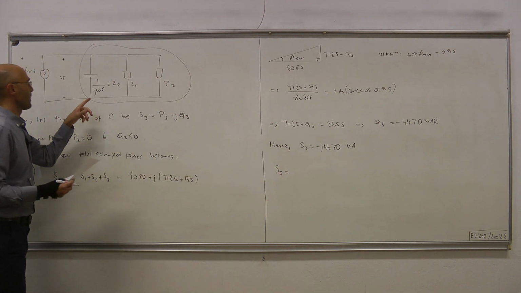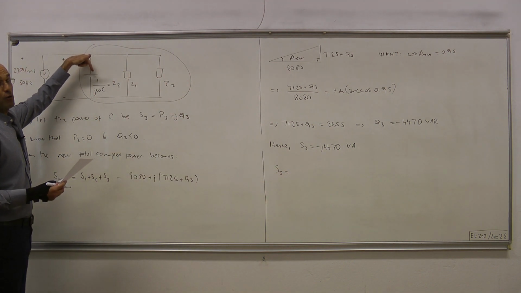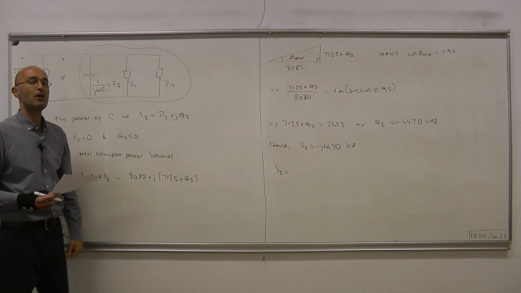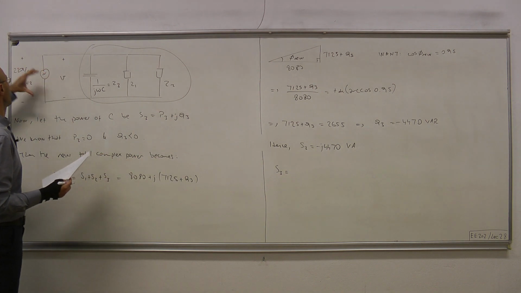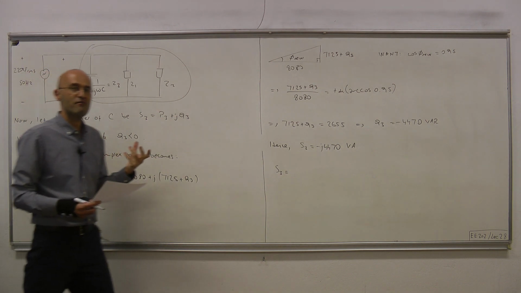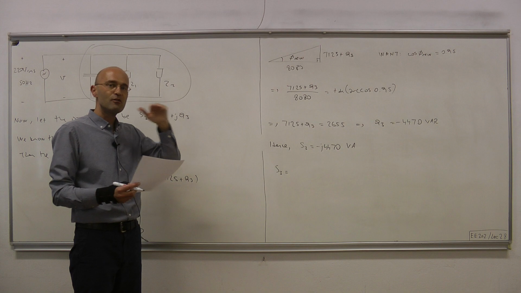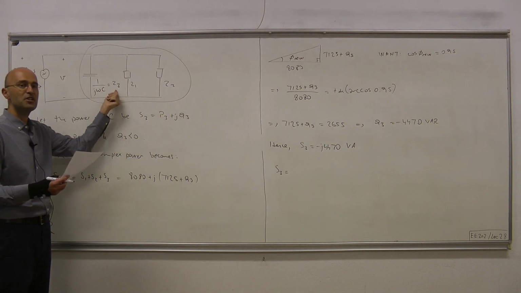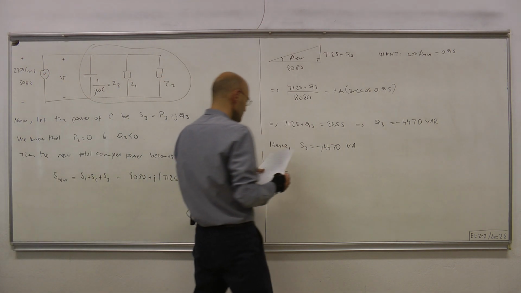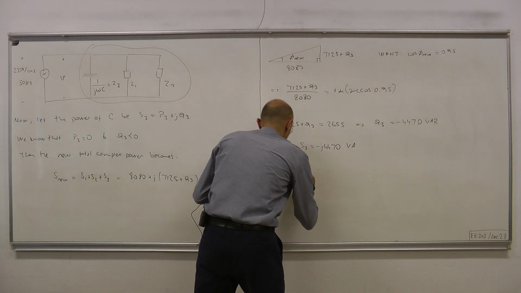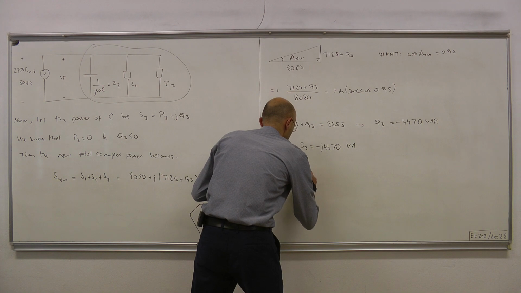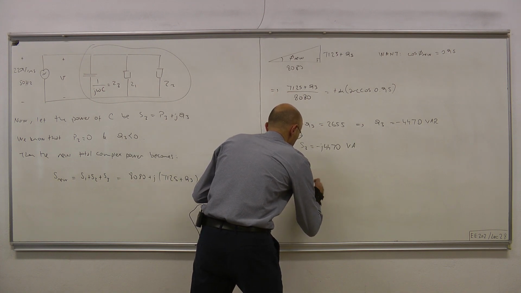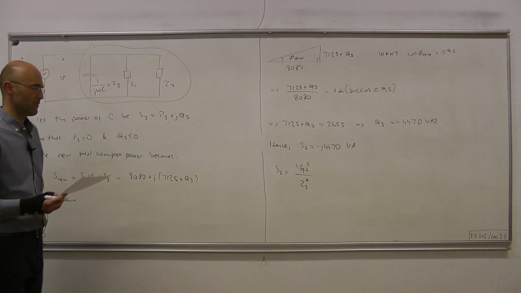S3 is the effective value of the current squared times the impedance Z3, or since instead of the current we know the voltage, the effective value of the voltage squared divided by the impedance conjugate, Z3 star. So let's therefore write S3 as V effective squared over Z3 conjugate.